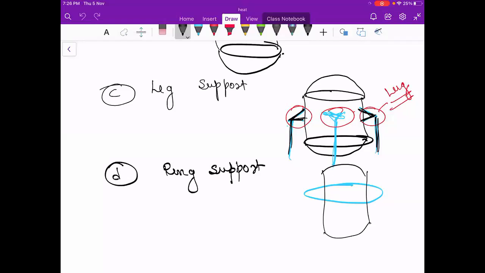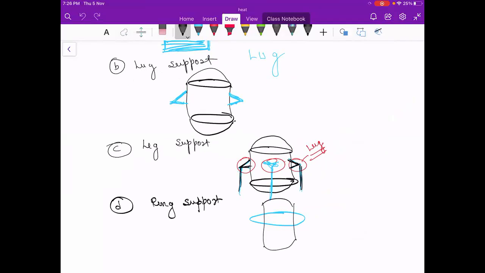Proper notes means what exactly you want, 210319. There is no theory here, just diagrams. I can just explain the diagrams, how the support is there.